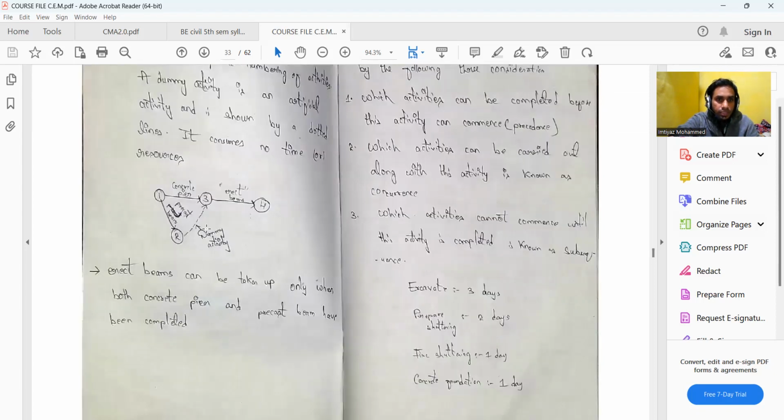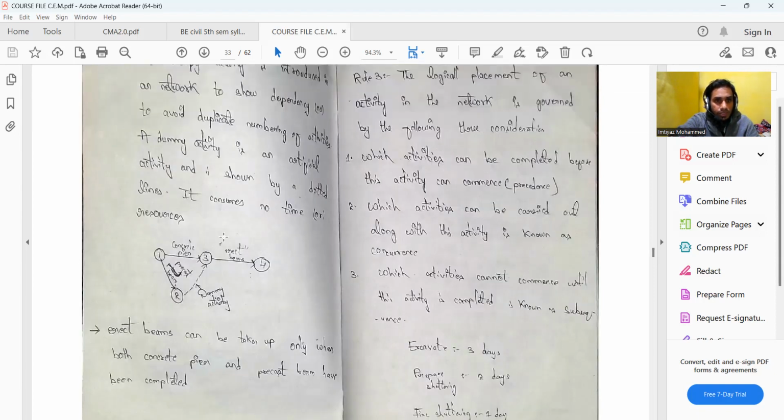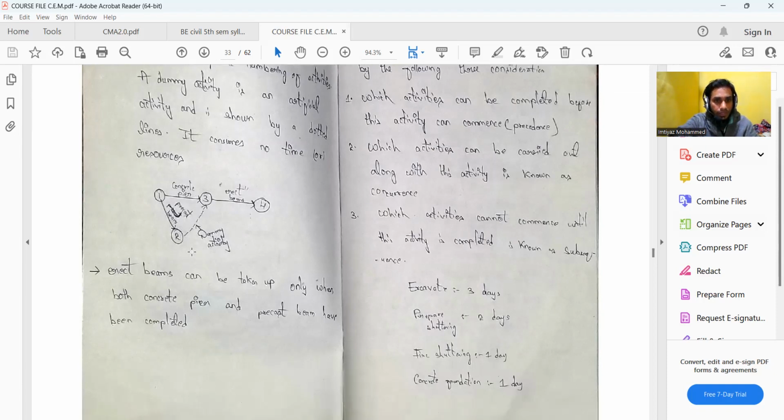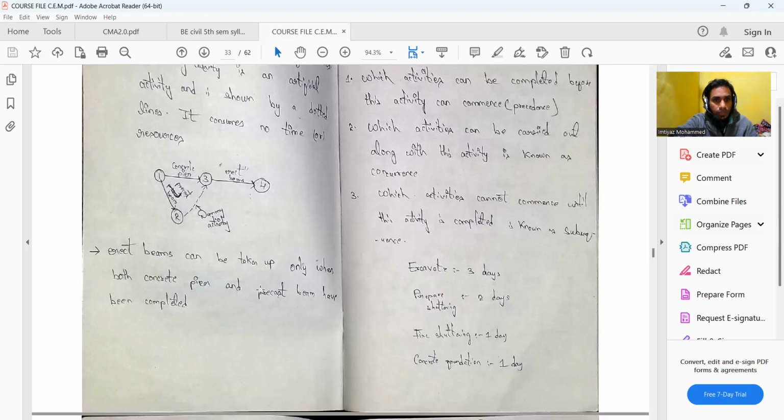You can see the dummy activity here from 2 to 3. It shows the interdependence between the different activities, and no event can be left dangling. This 1 2 could have been left dangling if we had not introduced this dummy activity. In this case, erect beams can be taken up only when both concrete pier work and precast beam work have been completed.